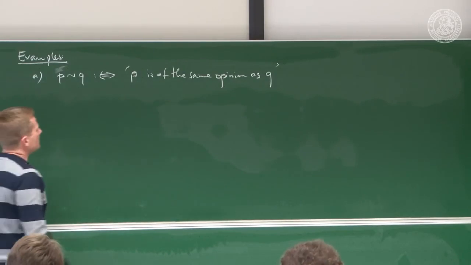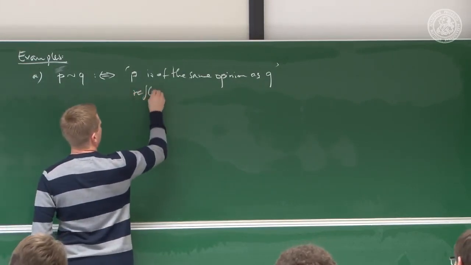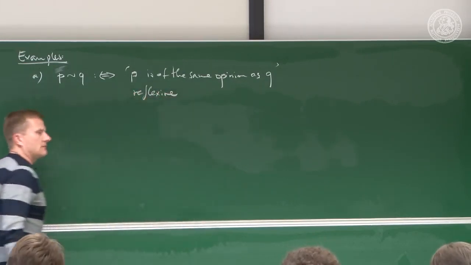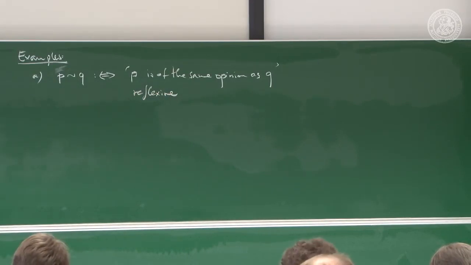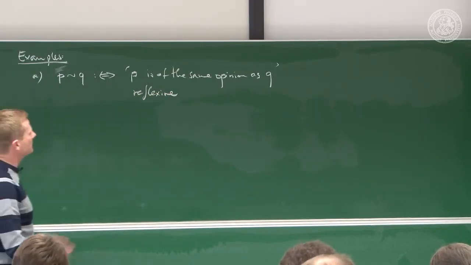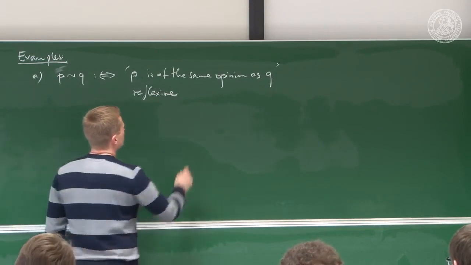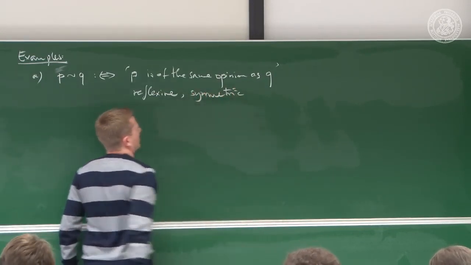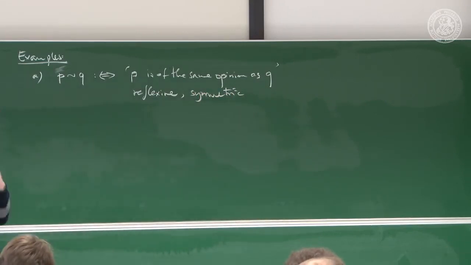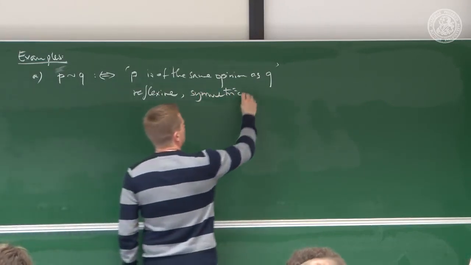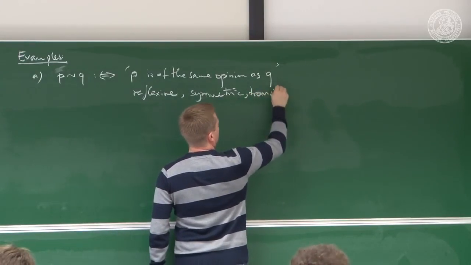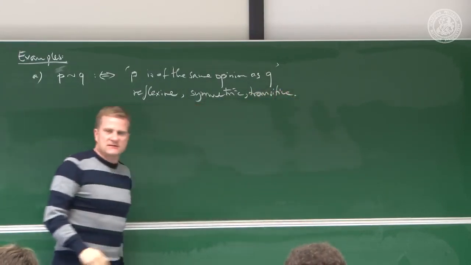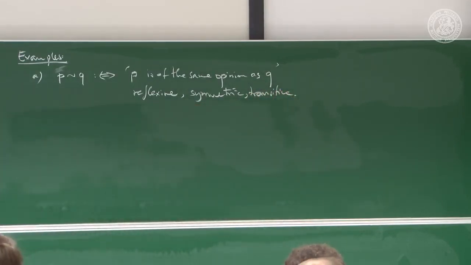Then it's clear this is reflexive. Let's say they are mentally sound human beings, okay, you're of your own opinion. It's reflexive. It's also symmetric. If I agree with someone, then that person agrees with me. And it's also transitive. So if you wish, this is the basis for democracy. Okay.